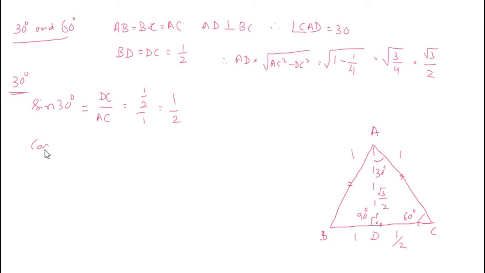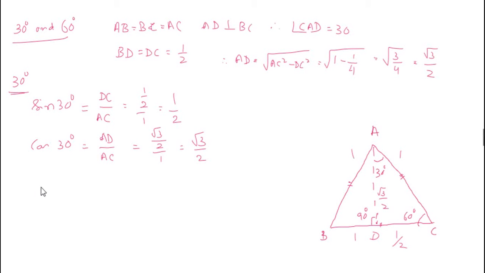Now cos 30 degree is adjacent side AD divided by AC, that is root 3 by 2 divided by 1, that is root 3 by 2.